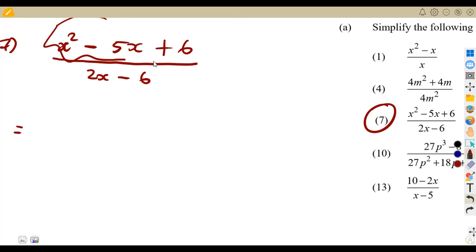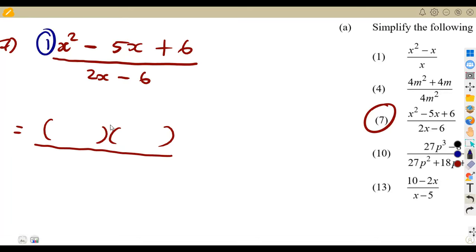We're given a trinomial, we've got 3 terms. You're just going to have 2 brackets that you can consider, because the coefficient of x squared here is a 1. All right, remember that. The coefficient of x squared, the first term, is a 1. So to get a 1, this must be x, and also this must be x.